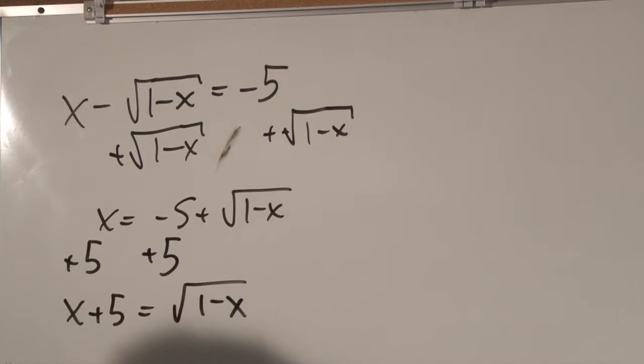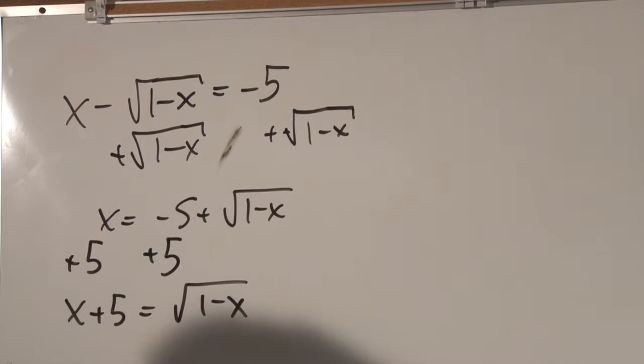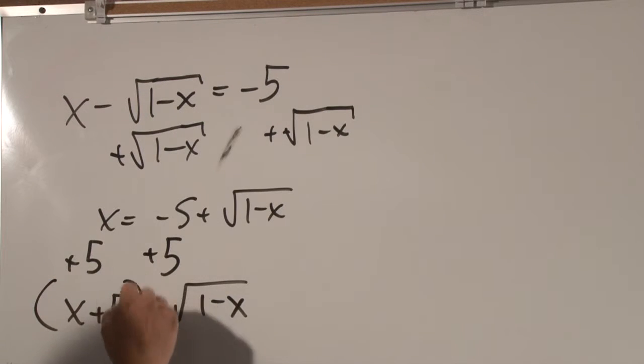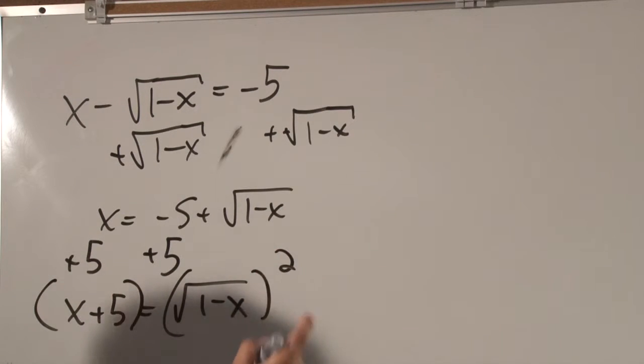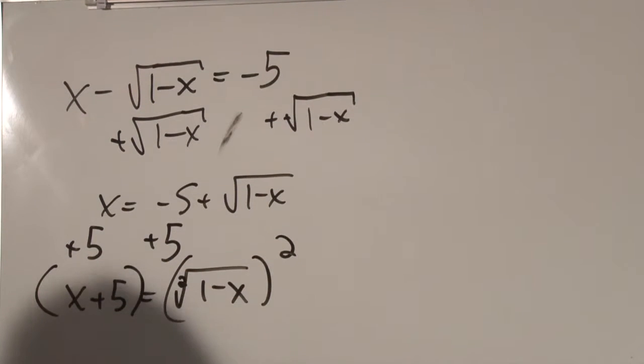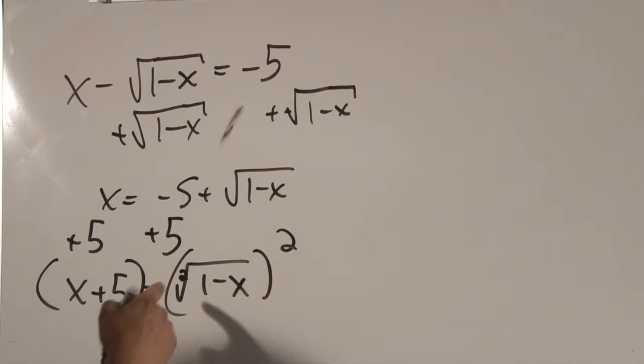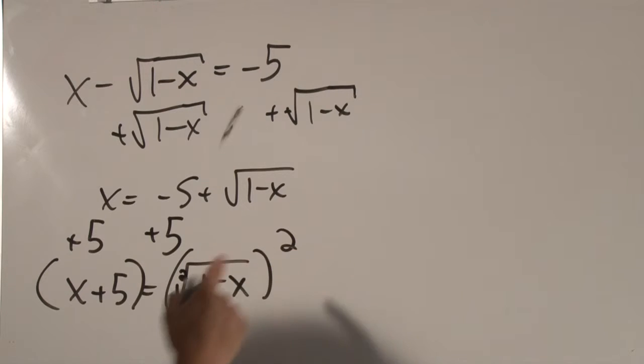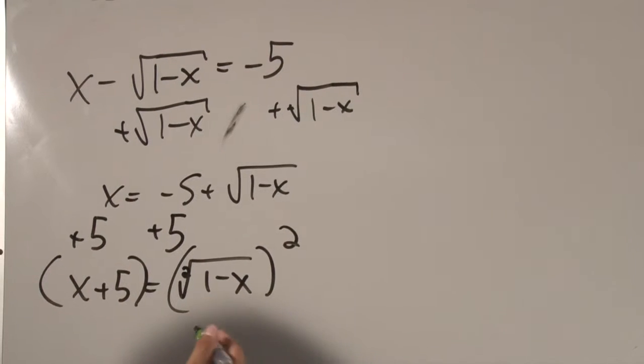Alrighty, so the first step of isolating the radical is done. The next step: if you remember what a radical is, it's a rational, or fractional, exponent of 1 minus x to the 1/2 power. So if we square it, we can get rid of the radical. Another way to think about this is a little 2 there, because it's a square root, and if we have a 2 here in the index and a 2 out here, they kind of cancel in a way.